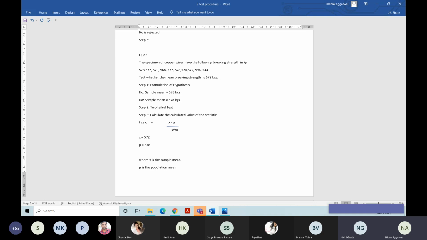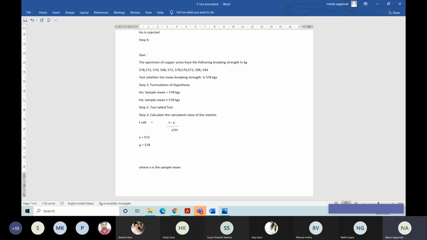Fine. Now you have to calculate the SD. What do you have to calculate next? SD. Now we have to find the standard error S. So how can you calculate this S? What is the formula for sigma, standard deviation? How did we calculate the standard deviation?